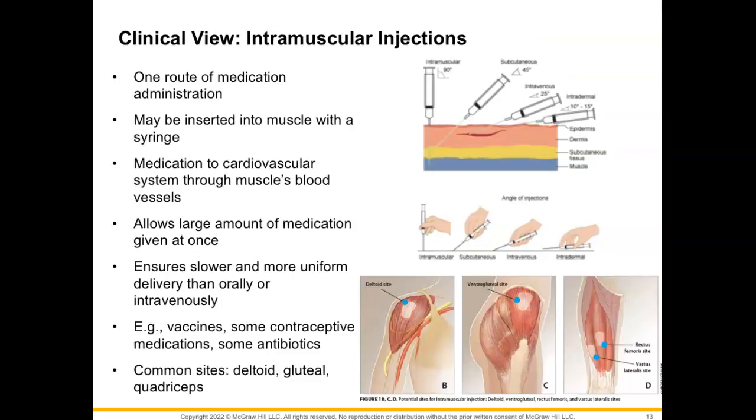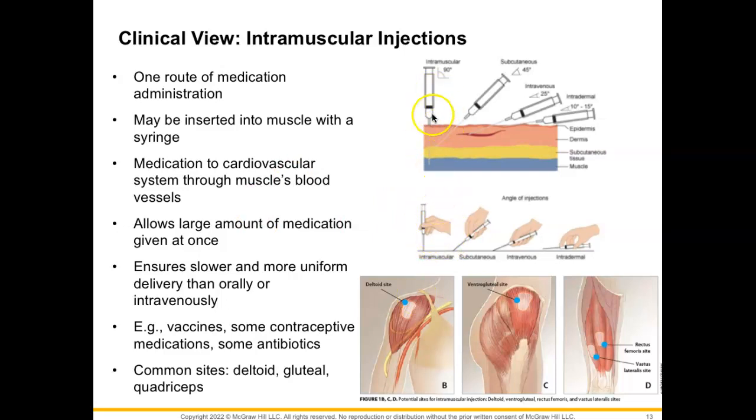And when you are giving an intramuscular injection, the steps you want to take is first, of course, you want to wipe the area with an alcohol wipe, and then you're going to use your thumb and your pointer finger to open up the area and hold the skin taut, and then you would inject the needle like we see up here at a 90-degree angle.